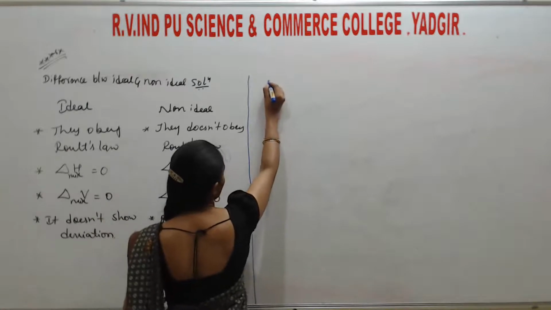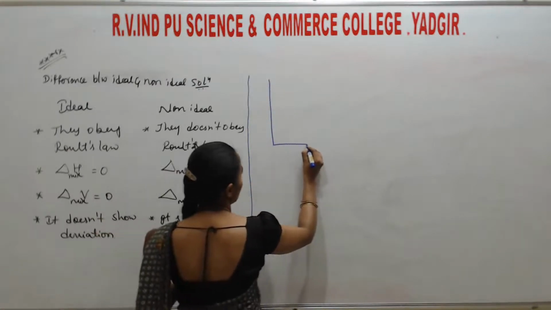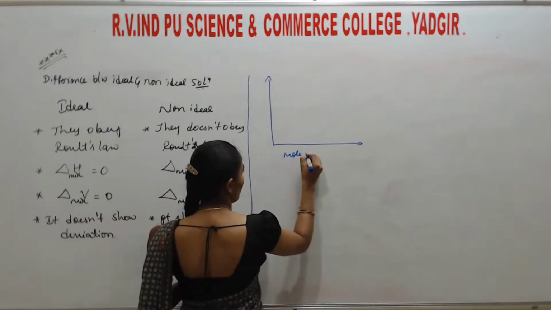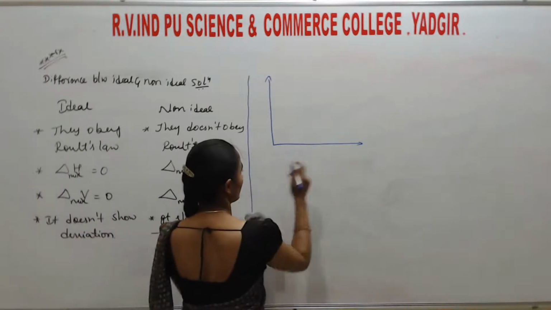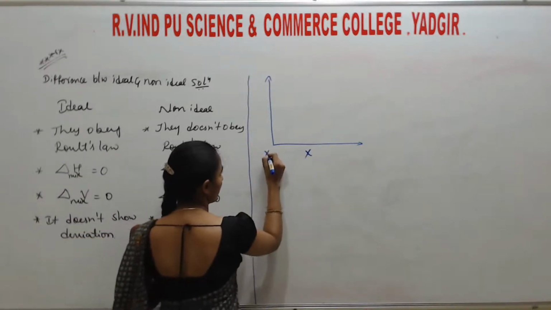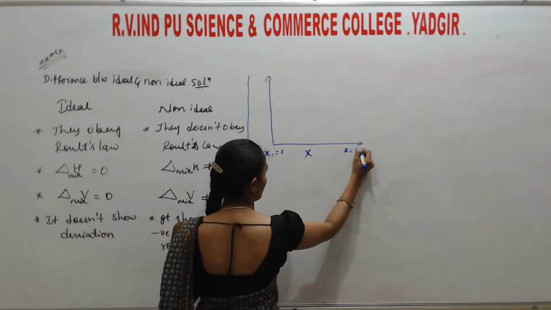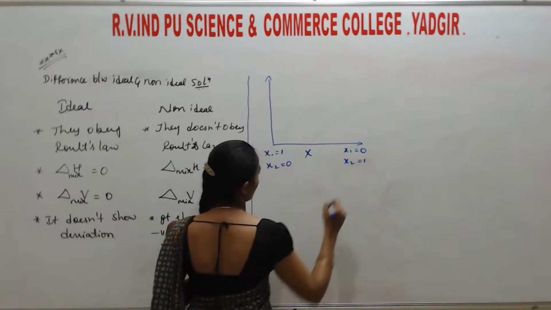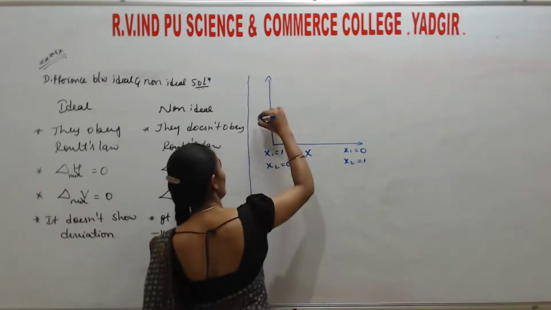Okay, so here is the first graph. This is mole fraction x. Here x1 is equal to 1, x1 is equal to 0, x2 is equal to 0, x2 is equal to 1. So here what happens? This is vapor pressure.